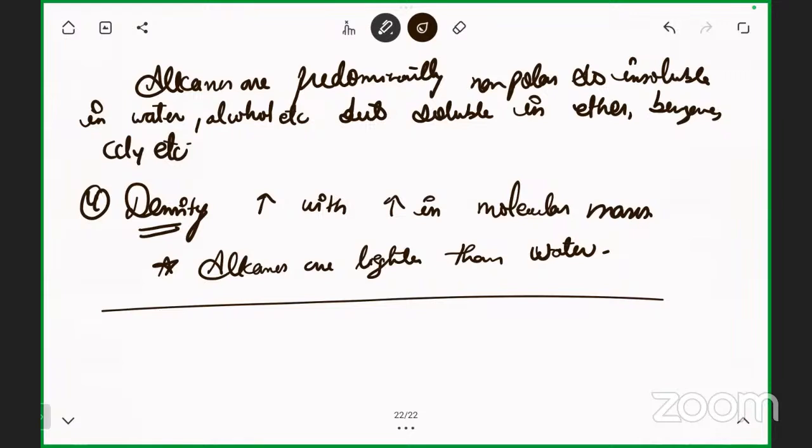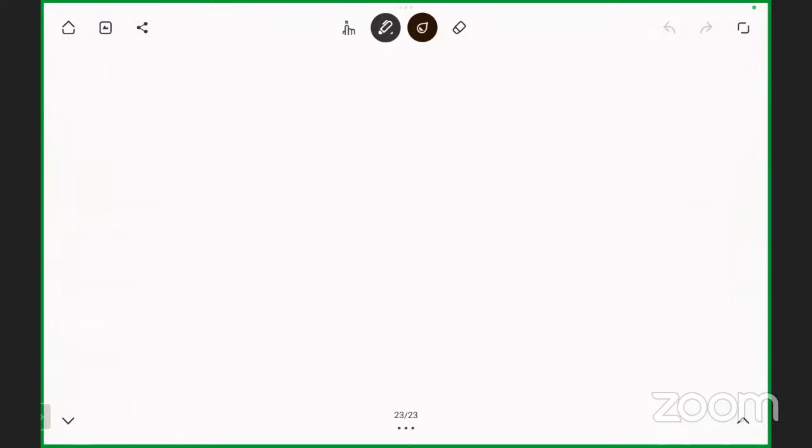We are done with the preparation and physical properties. We'll move further to the chemical properties, but first let's do some questions on the basis of whatever we have learned till now.